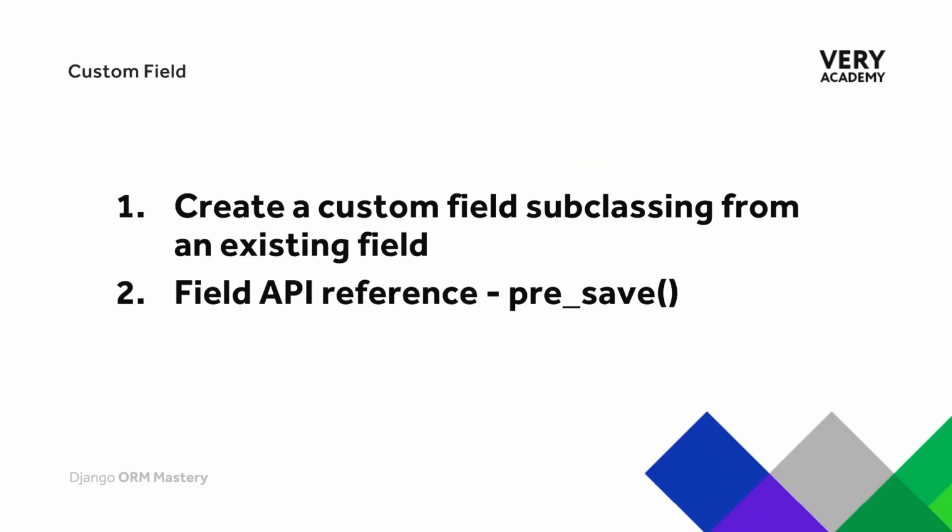So that's the plan. So here we're going to first create a new custom field, subclassing from an existing field, and then we're going to dig back into the field API reference and look at how we can pre-save. So pre-save, the ability for us to actually manipulate data before it is then saved into the table.